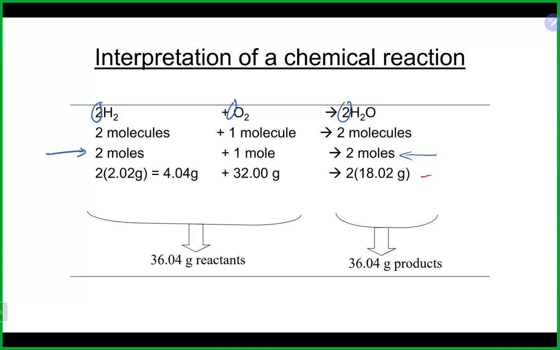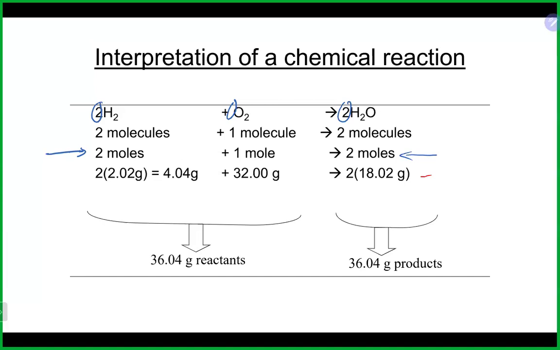So you could take those coefficients and say 2 moles of H2 react with 1 mole of O2 to make 2 moles of H2O. Sometimes people get freaked out about where those numbers come from. It is only the coefficient in the balanced equation. There's no magic to it. Whatever number is sitting in front of that species in the balanced equation is how many moles there are of it.